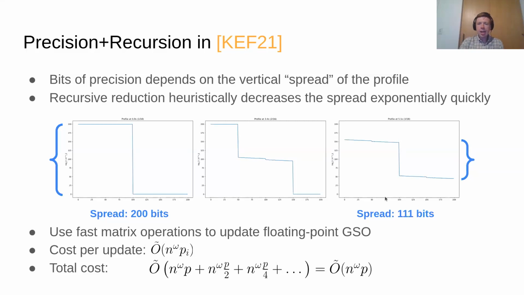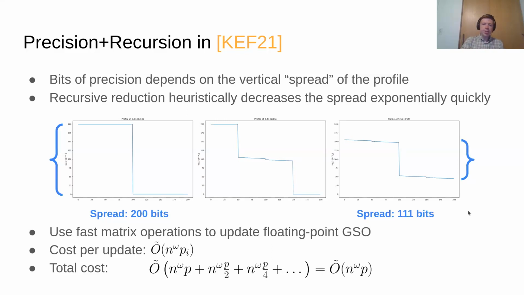They show that the algorithm cost for one of these cycles is n to the omega times p, where p is the working precision and omega is the matrix multiplication constant. And then if you take this update cost and you add it up for the exponentially decreasing precision, you arrive at an overall algorithm cost of n to the omega times p. So this is based on the heuristic assumption that after lattice reduction, we just have small decreases.